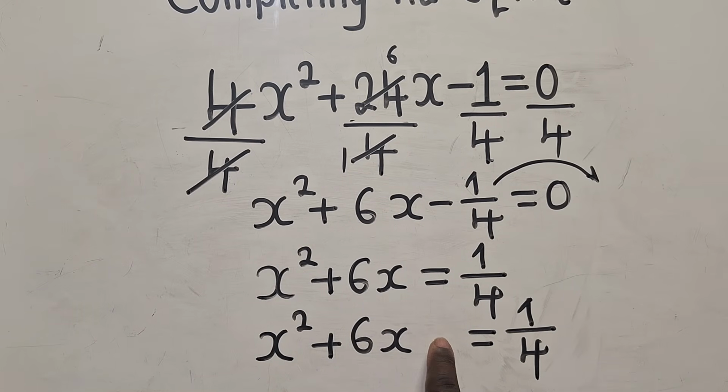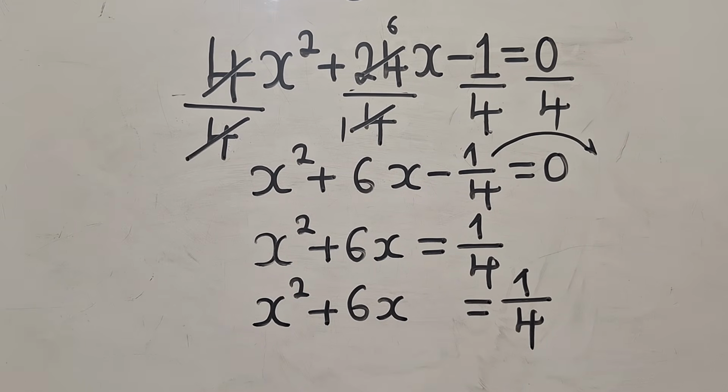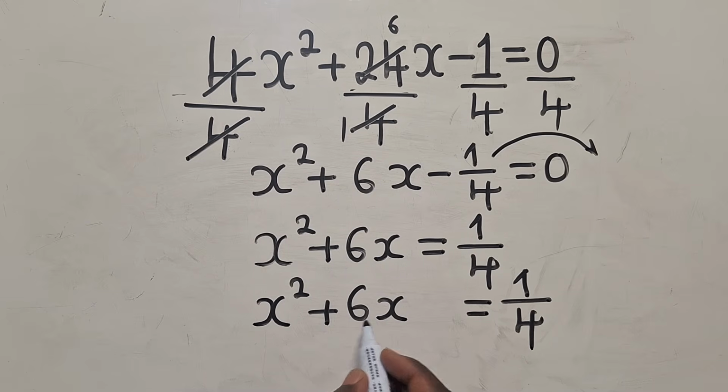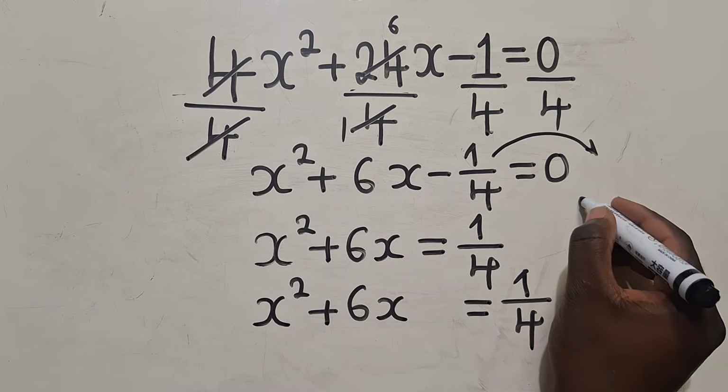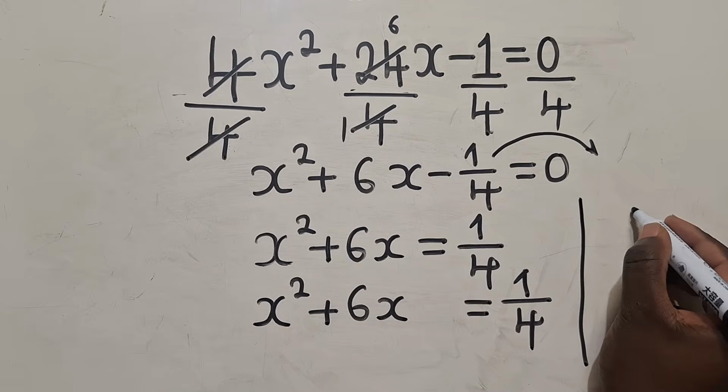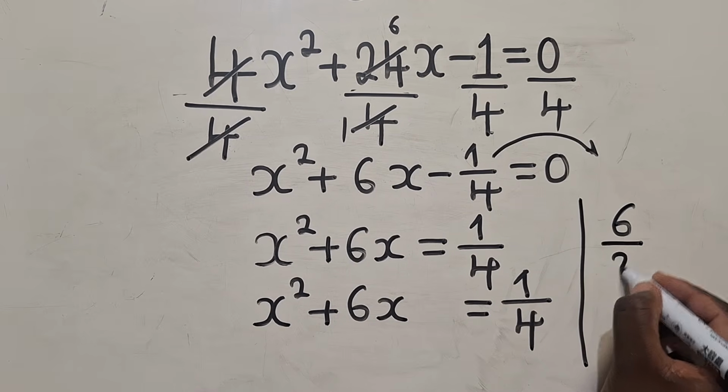So what are we supposed to write here where there is a space? What we're going to write here will come from the x term here. So we just look at the number which is at this point. This is a 6. So get this 6. Let me write it here. So it says 6 divided by 2.